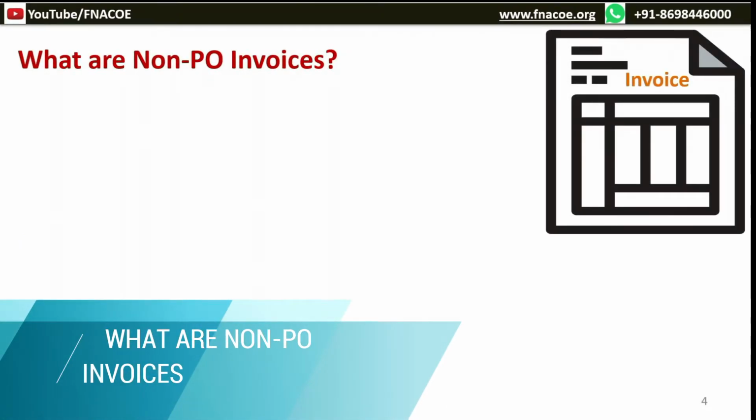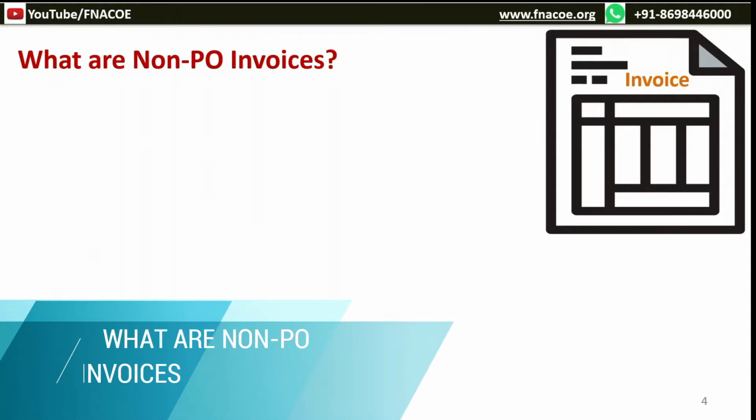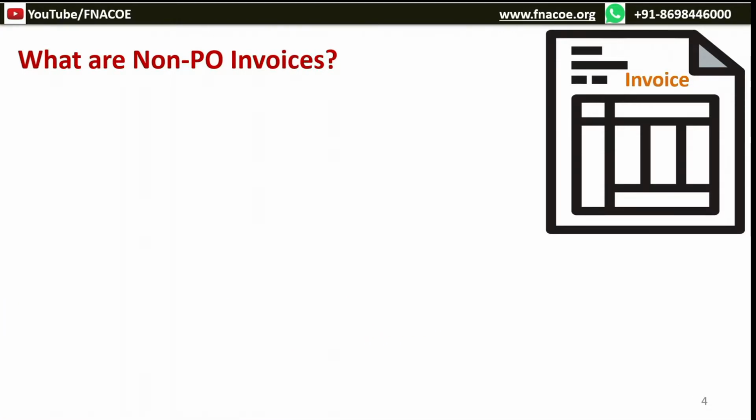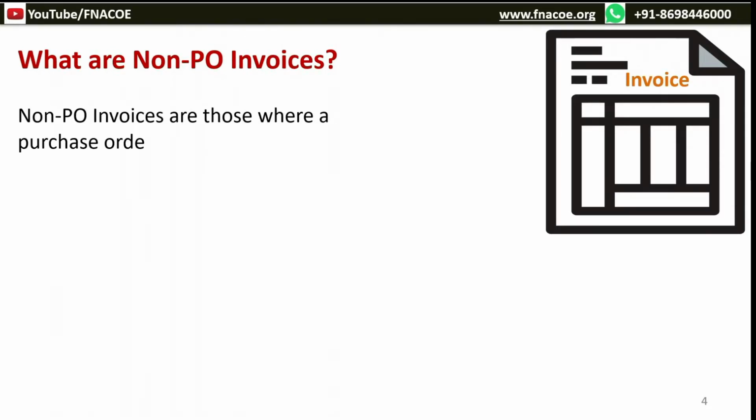Basically, if you make a non-PO purchase, you'll get a non-PO invoice from the supplier. Hence, non-PO invoices are those where a purchase order is not issued by the company. While the best practice is to have purchase order compliance for all invoices and bills, there is always some exception, and I explained a few examples some time back.